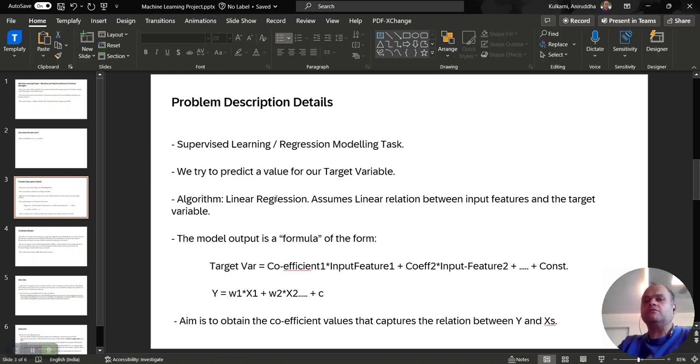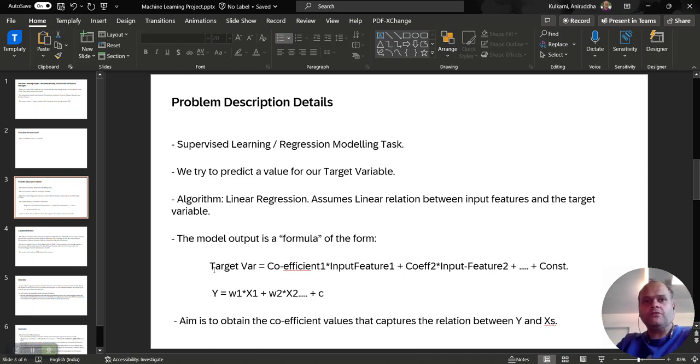Linear regression is one of the simplest algorithms to carry out such regression prediction type tasks. It assumes linear relationships between the input and the target variables and tries to obtain a formula of sorts to describe the relation between input and output.